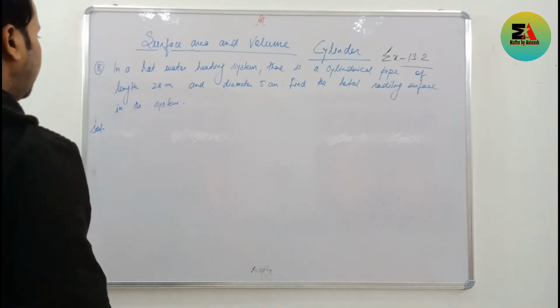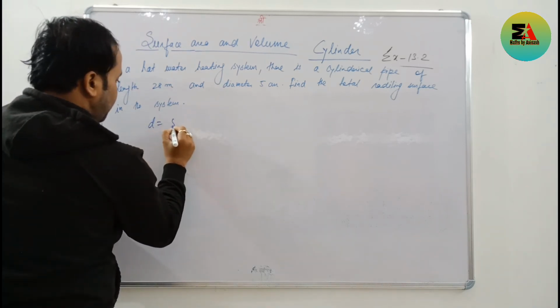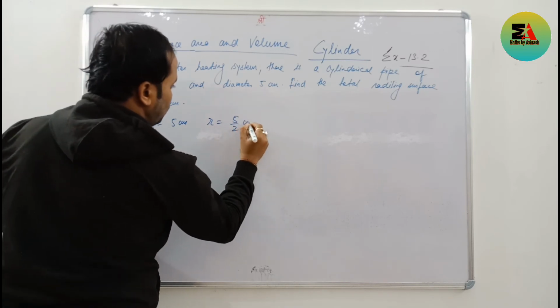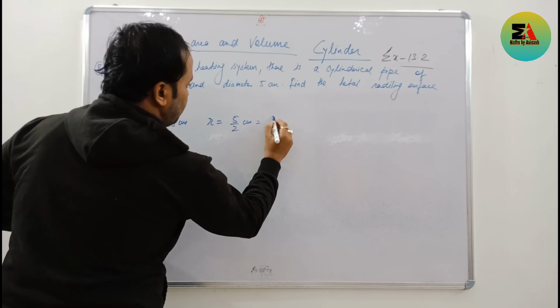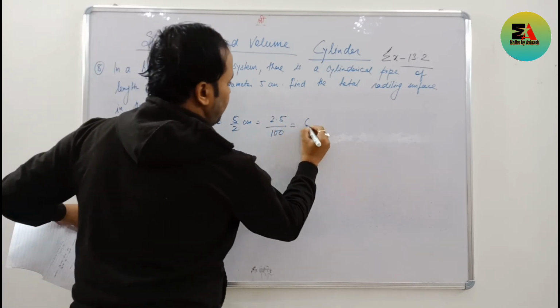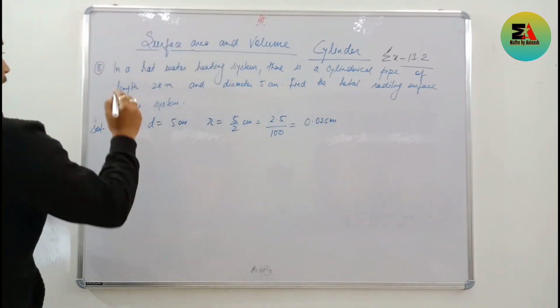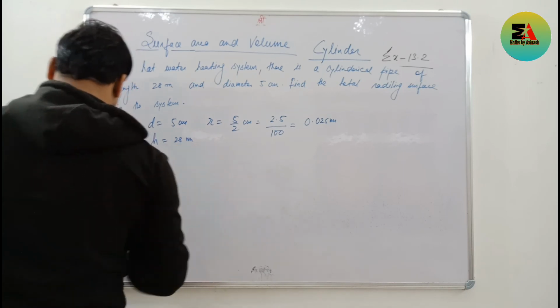In the question, diameter is 5 centimeter. Therefore, radius will be 5 by 2 centimeter, which is 2.5 centimeter. We have to change it by 100 into meter. And height is already given, 28 meter.